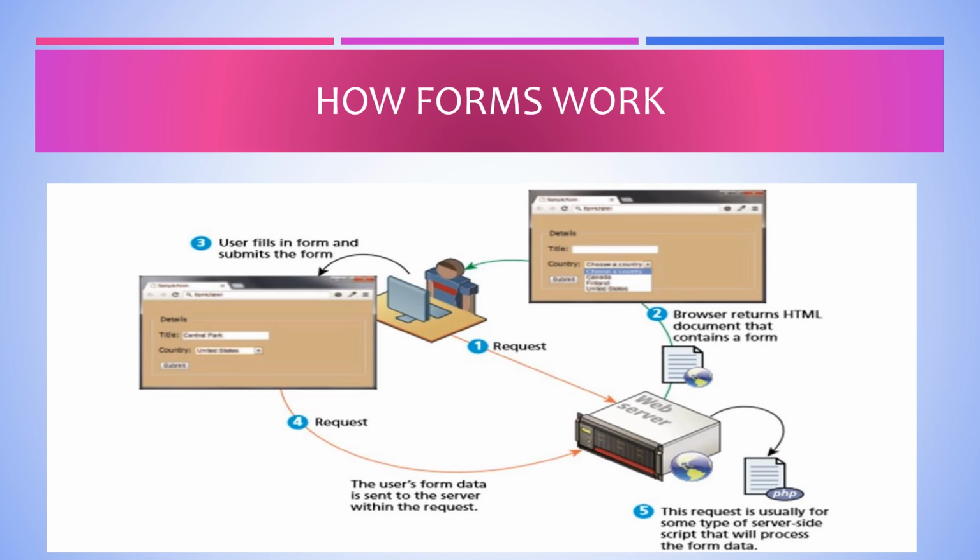After the user fills out the form, there needs to be some mechanism for submitting the form data back to the server. This is achieved by a submit button, but through JavaScript, it is possible to submit form data using other types of mechanisms. Because interaction between the browser and the web server is governed by the HTTP protocol, the form data must be sent to the server via a standard HTTP request.